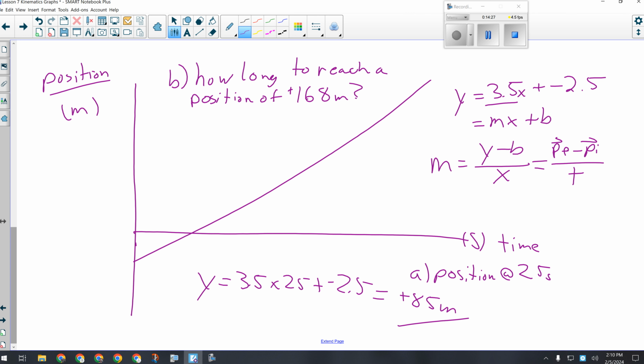I'll give you a minute on that one. What am I being asked to solve for? Y or X? X. I'm being asked to solve for X. How long? Time is on the X-axis.